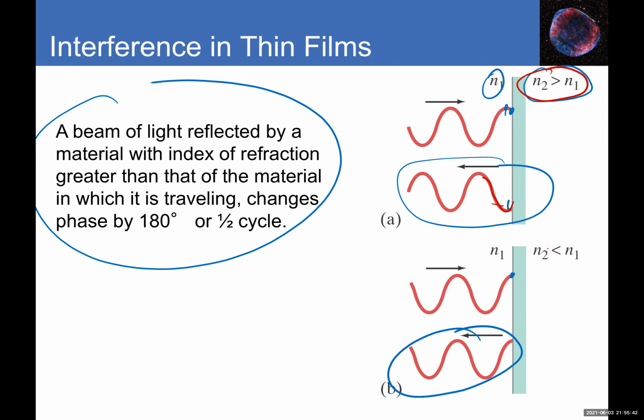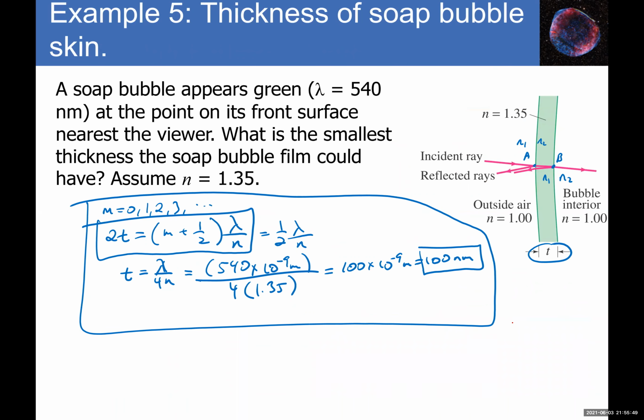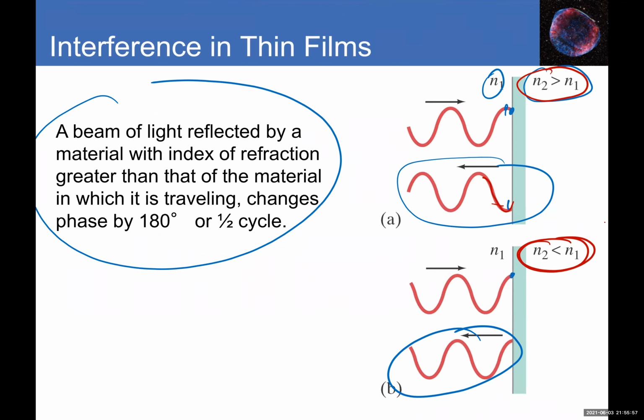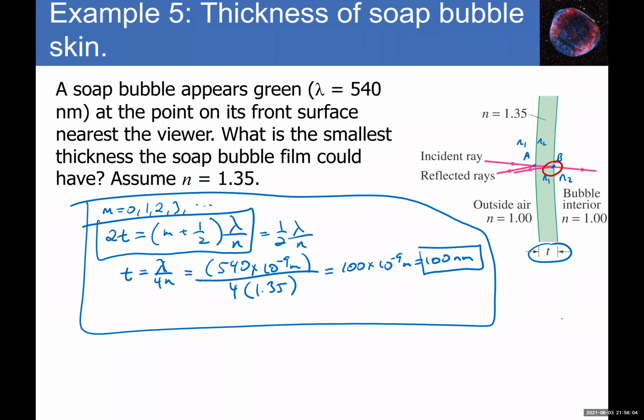But when n2 is less than n1, which we had in this example, for this particular phase, you have n1 and n2, and obviously n2 is less than n1 because air is less than bubble. That means light reflects, and you have just one reflective phase change. That's why I used this equation, because this is constructive for just one reflective phase change.